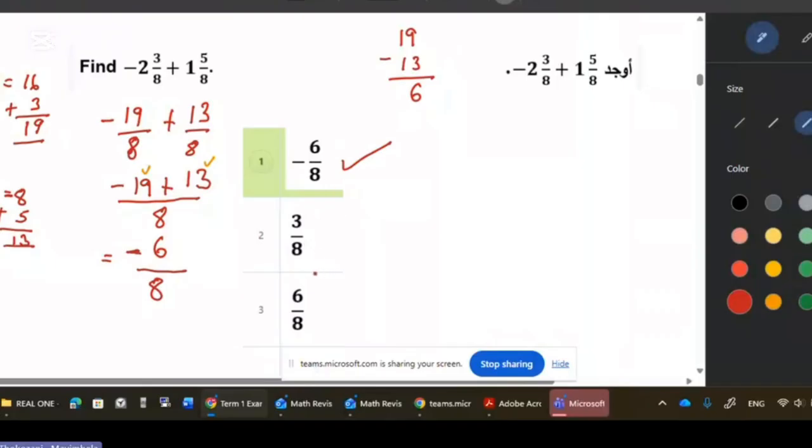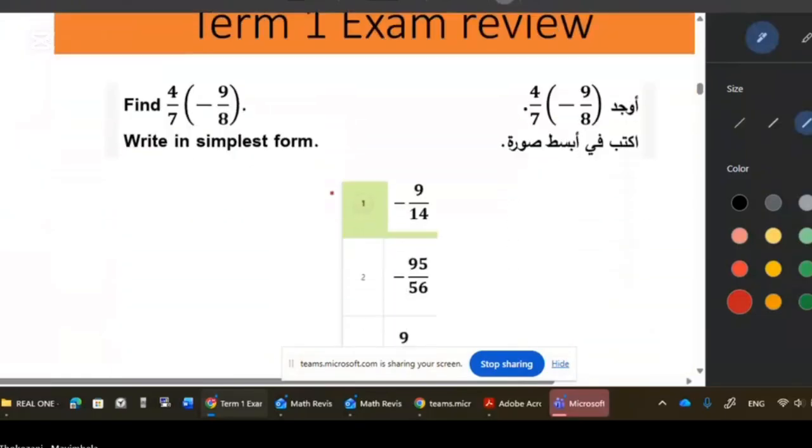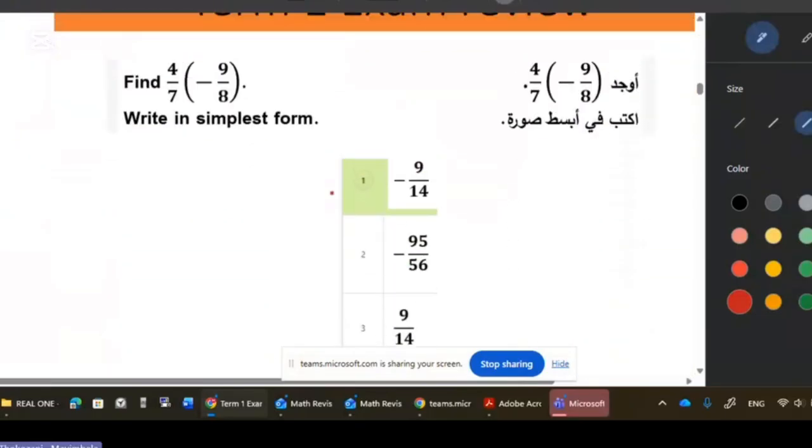Are we following? Yes. All right, let's move on to the next one, boys, because we still have about 7 minutes left. What about this one here? When you see this, it is multiplication.